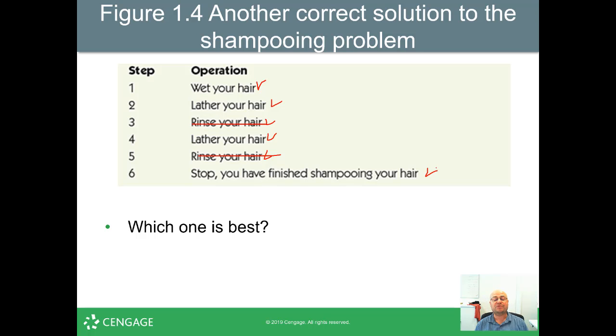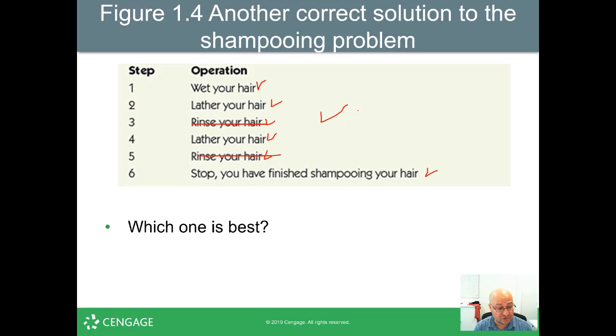But obviously the answer to what is best depends on your application, depends on your interest. If your application is very simple, with only a few steps, this one is enough. It solves the problem. It's correct. It has all of the characteristics of an algorithm.